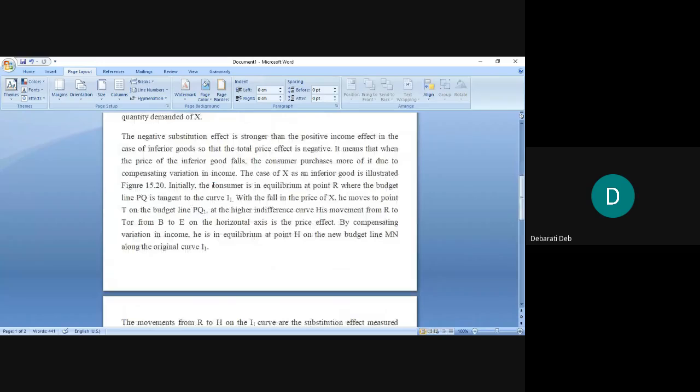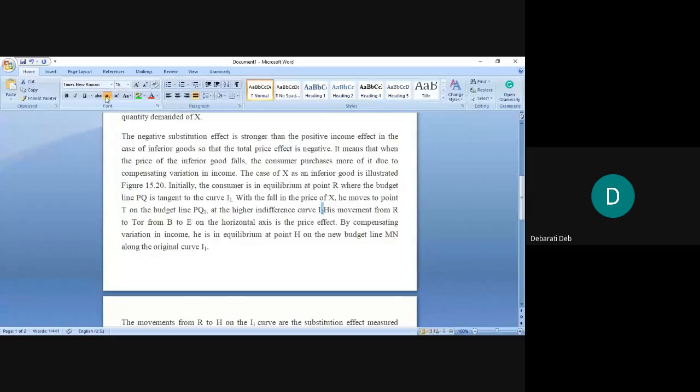Then what? With the fall in the price of X, he moves to the point T on the budget line PQ1 at the higher indifference curve I2. Here, you'll have to write I2. He is moving to the higher indifference curve I2 because the price of X is falling and thus his purchasing power is increasing.